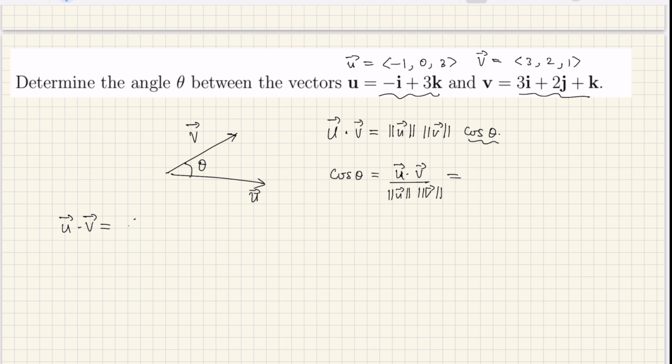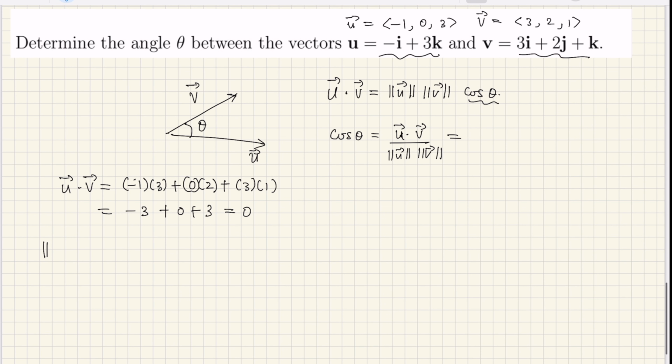So if I take the dot product, I'm just going to have minus 1 multiplied by 3, plus 0 multiplied by 2, then plus 3 multiplied by 1. If I simplify this, I will have minus 3 plus 0 plus 3, which is simply 0.